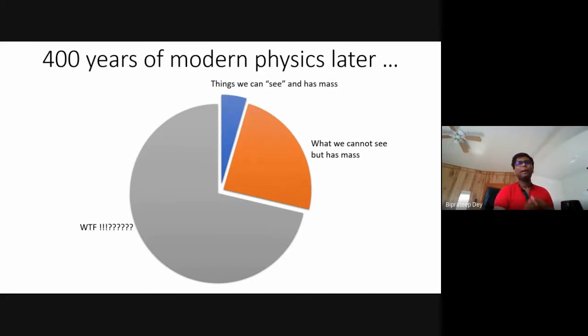By seeing, I mean things which emit or absorb light or somehow interacts with light. There is a lot of stuff out there which we cannot see, but we can indirectly measure its presence by measuring its mass. And then there's a lot of other stuff which we frankly have no clue about.